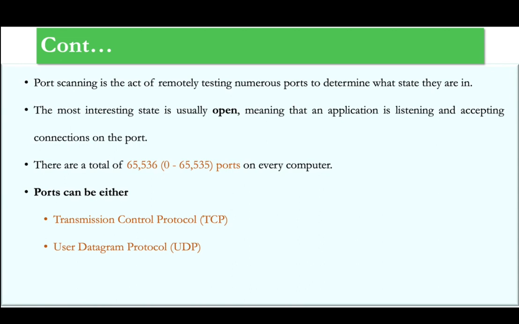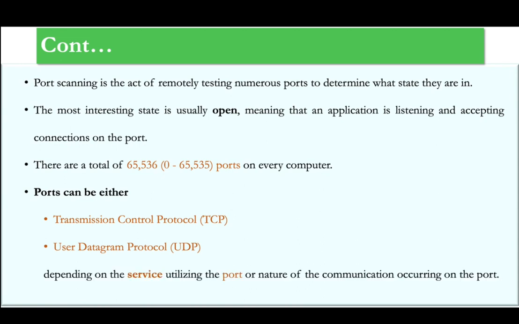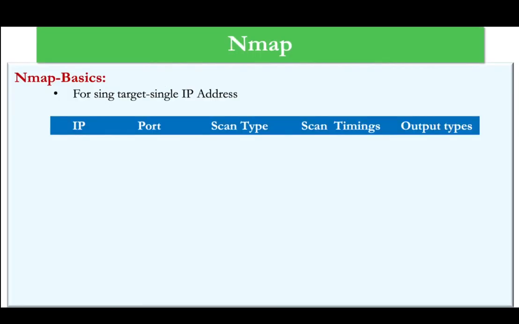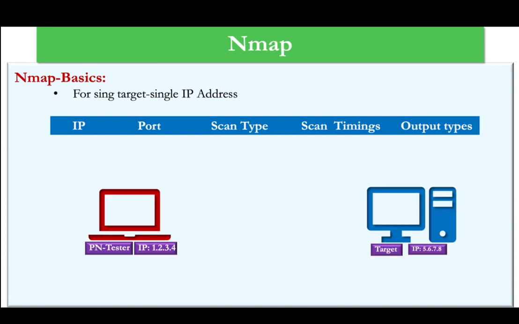So, what is the process? We'll check some of the Nmap basics. For a single target system, you require a single IP address, and by using that IP address, you need to mention the particular port number.